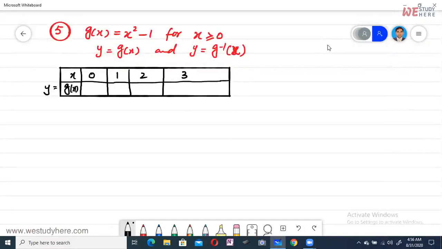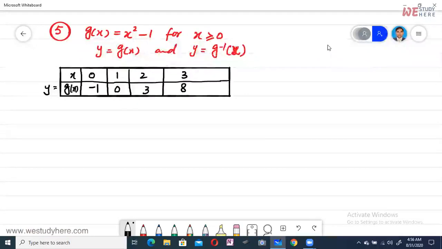If x is 0, 0 square is 0, 0 minus 1, here will be minus 1. Then 1 square is 1 and 1 minus 1 will be 0. Then 2 square is 4 and 4 minus 1 will be 3. Then 3 square is 9, 9 minus 1 is 8.